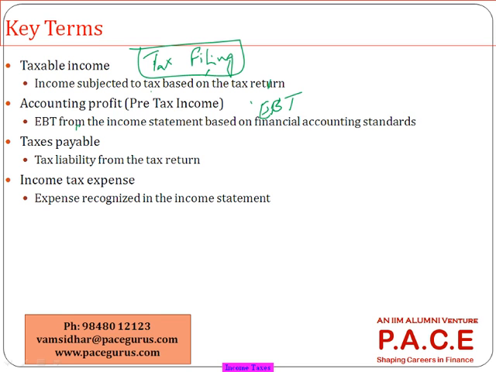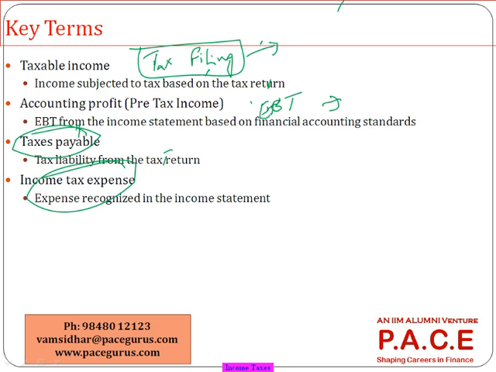Whereas as per the IFRS or GAAP framework, whatever PBT comes, that is what we call accounting profit. So the tax that comes through this mechanism, how much tax you have to pay, is what we call taxes payable. The tax that comes through the other mechanism, we call tax expense.